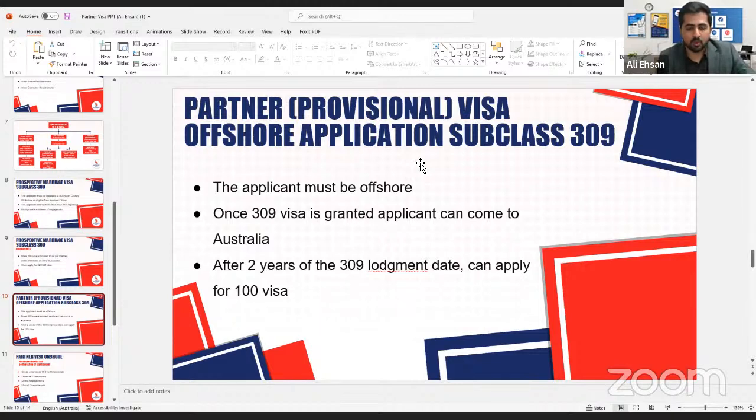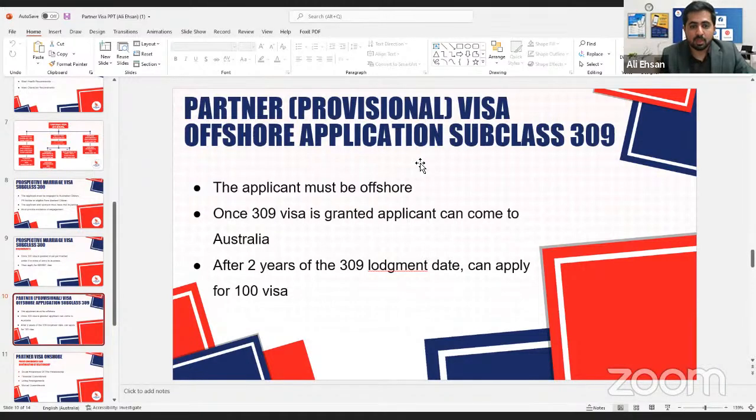Now, if you want to call them to Australia in between, having lodged the 309 visa, you can still apply for a tourist or visitor visa, subclass 600, and your partner will be able to come to Australia meanwhile. The duration of that visa can vary: it can be 1 month, 3 months, or 6 months, depending on the case officer's discretion.